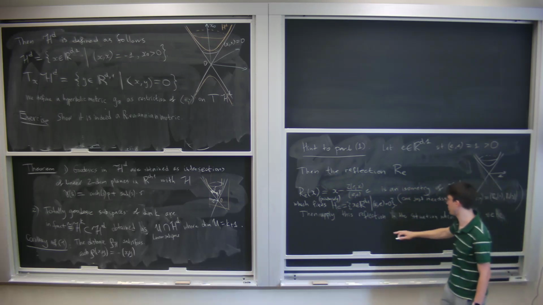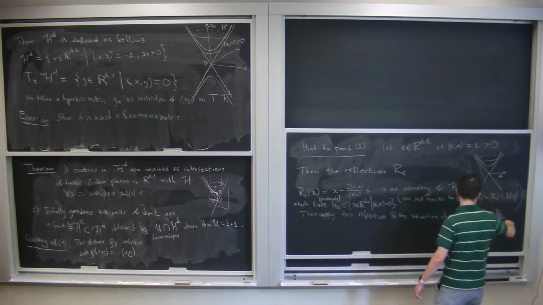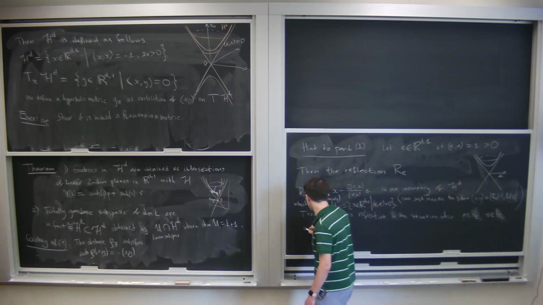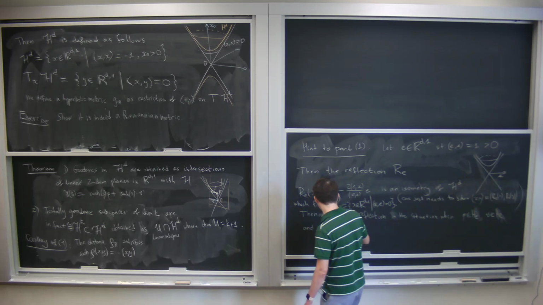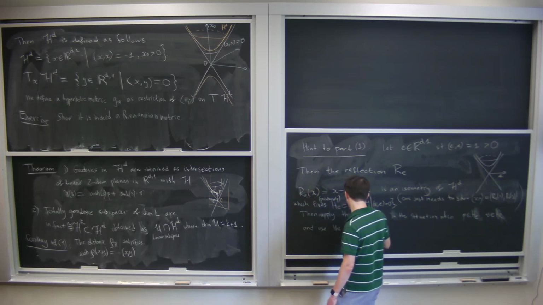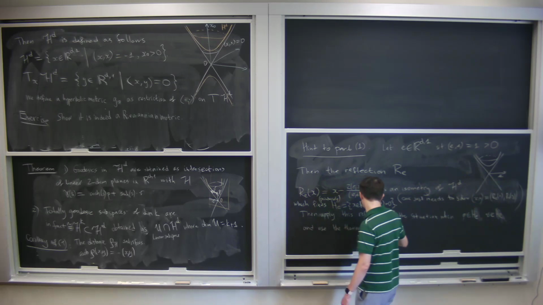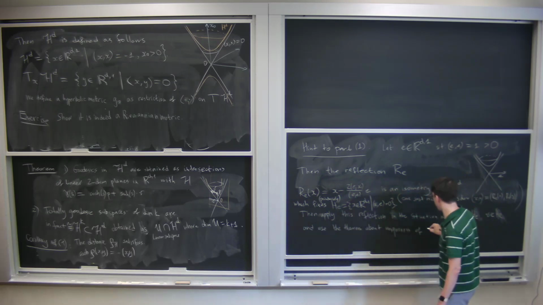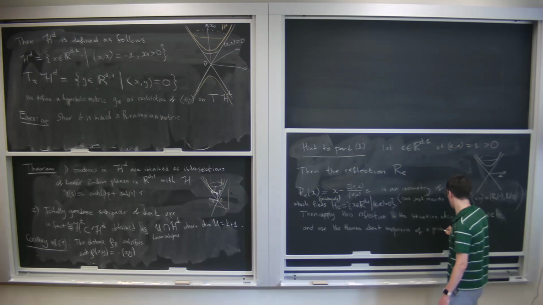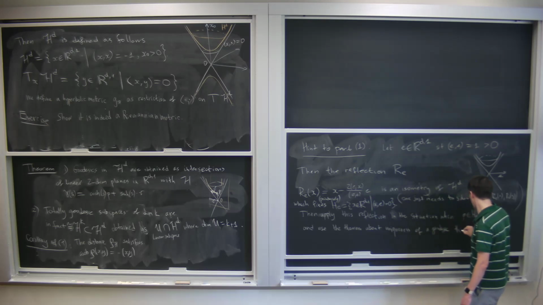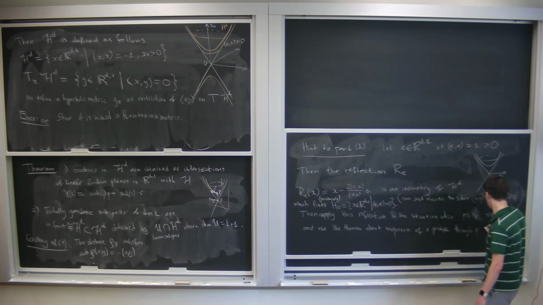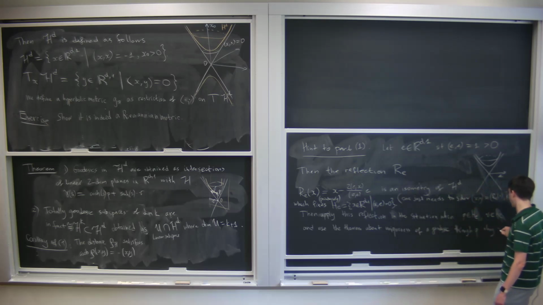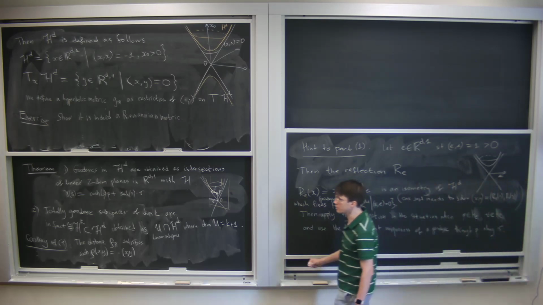And then you apply this reflection in the situation when P belongs to H and V belongs to H, and use the theorem about uniqueness of a geodesic through P along the tangent vector V, right? Basically, that's the idea.